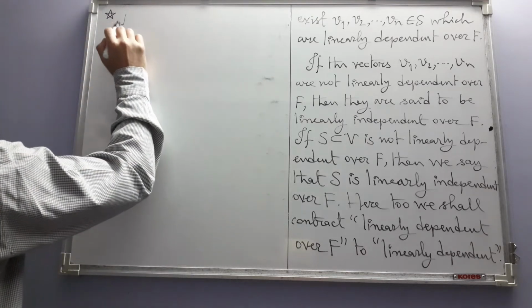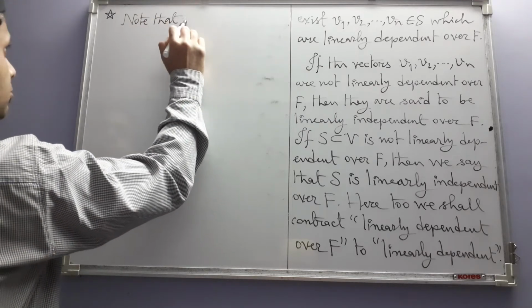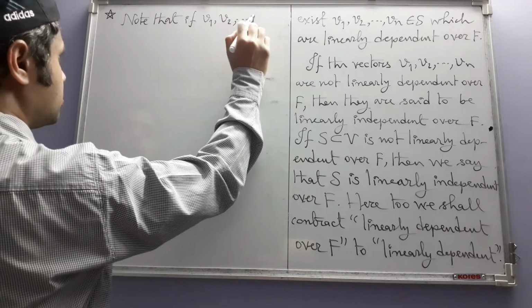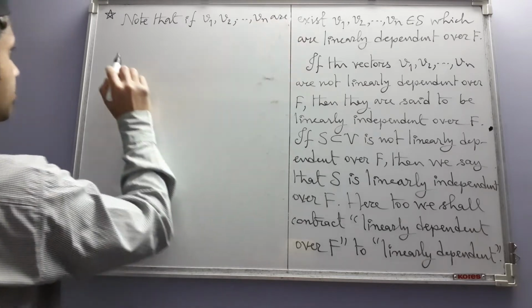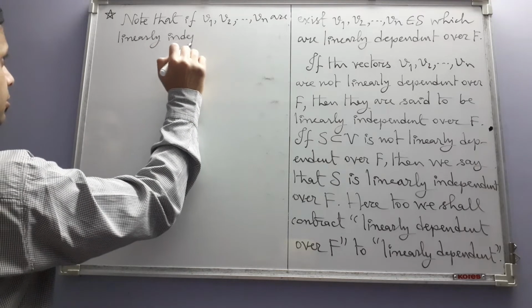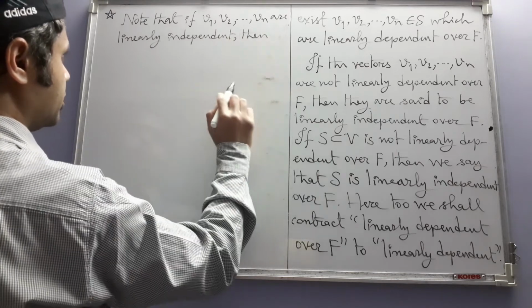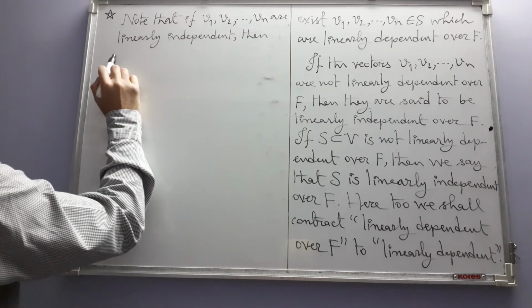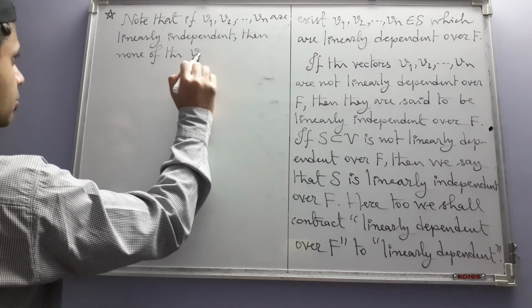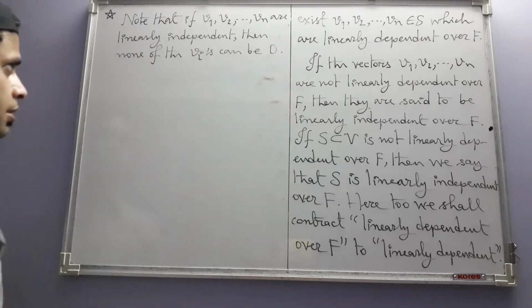Note that if some vectors are linearly independent, then none of the vi's can be 0.